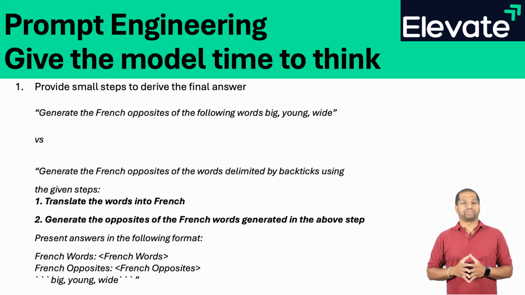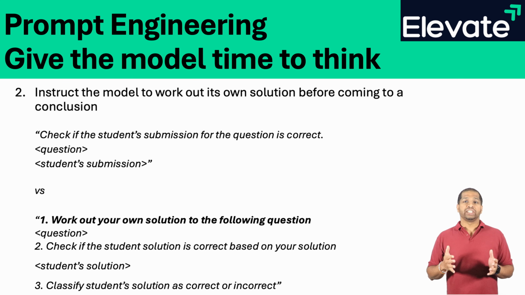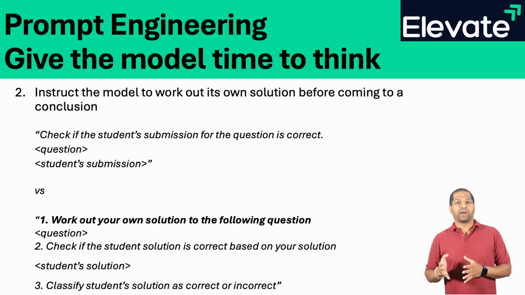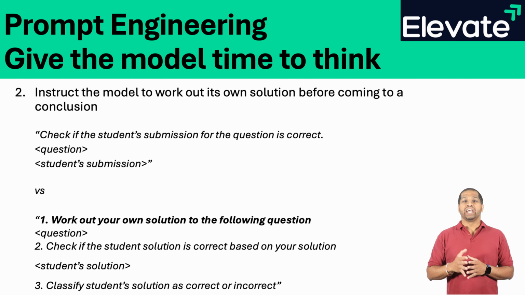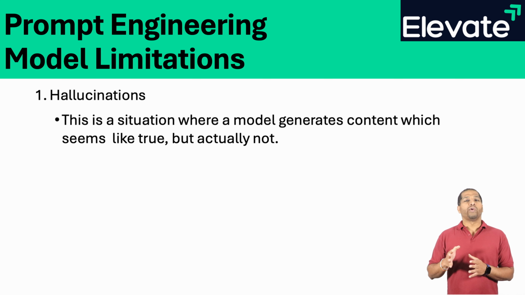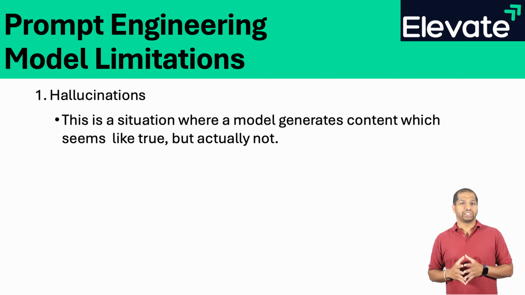The next aspect is to allow the model to work out a solution to a complex problem on its own before arriving at a conclusion. This will give the model the time it requires to work out the solution and make a correct judgment on another answer. Despite all important uses of GPT models, they suffer from a significant drawback called hallucinations.